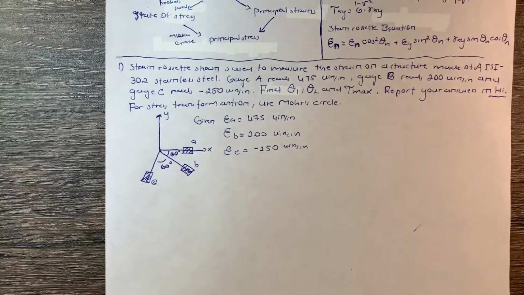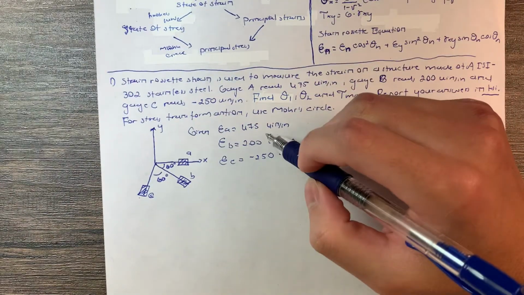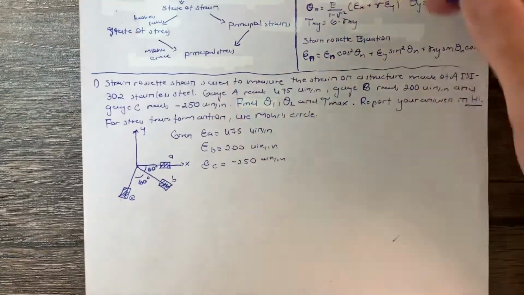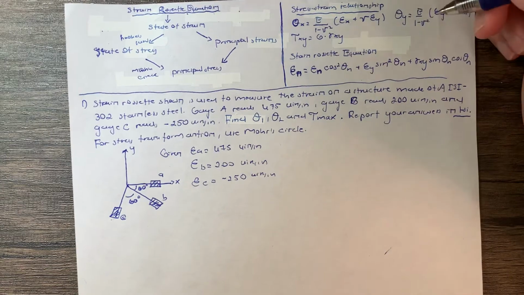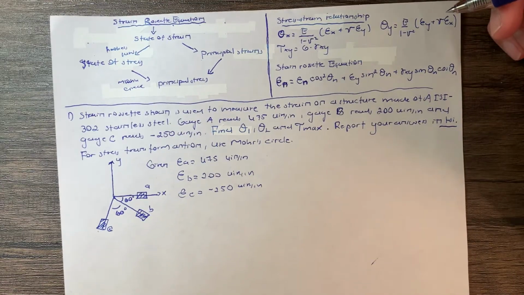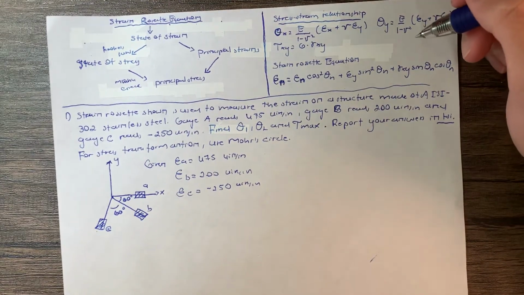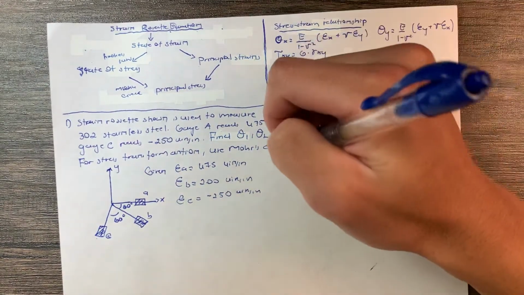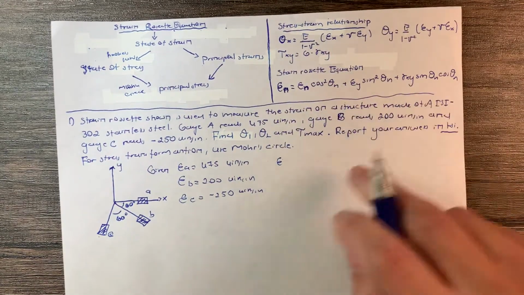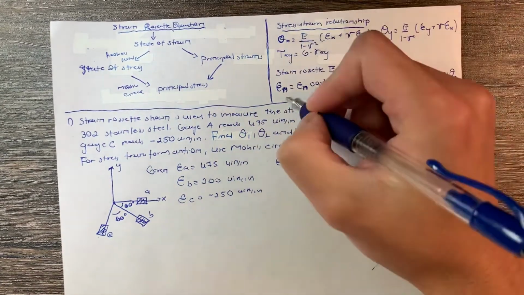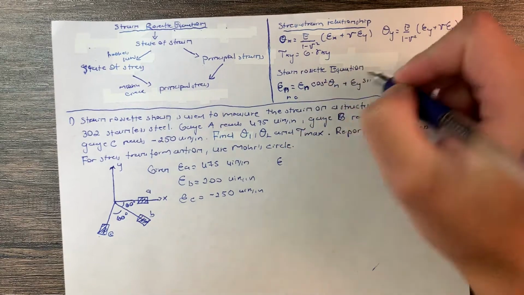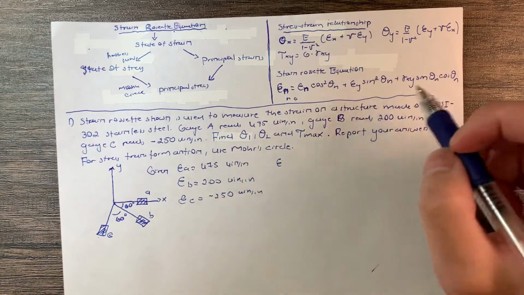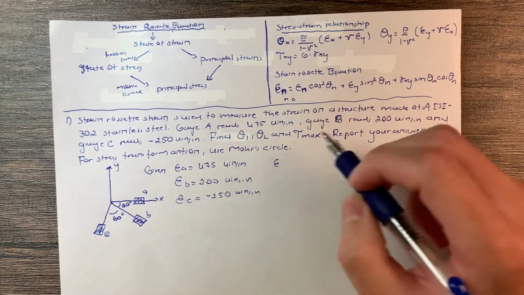Here we go. So what's given to us is epsilon A equal to, so these are our given values, and our governing equation that ties the relationship between strain gauges and state of strain is this. I already wrote it up here. In the place of n, you can plug in A, B, C, or D. So if this is to say epsilon A, it'll be epsilon A and then theta A. All the n's could be any of the given values.